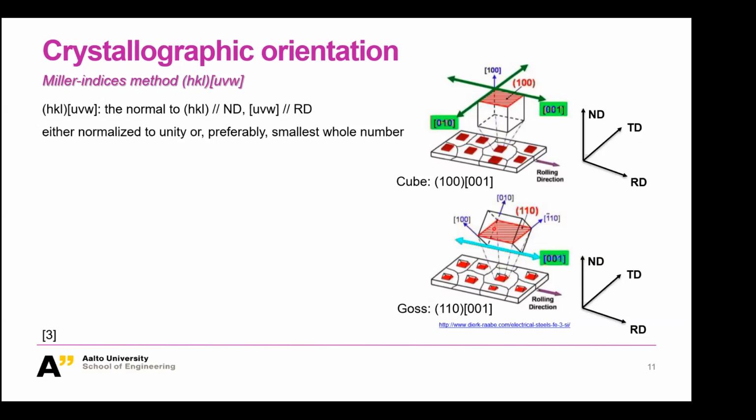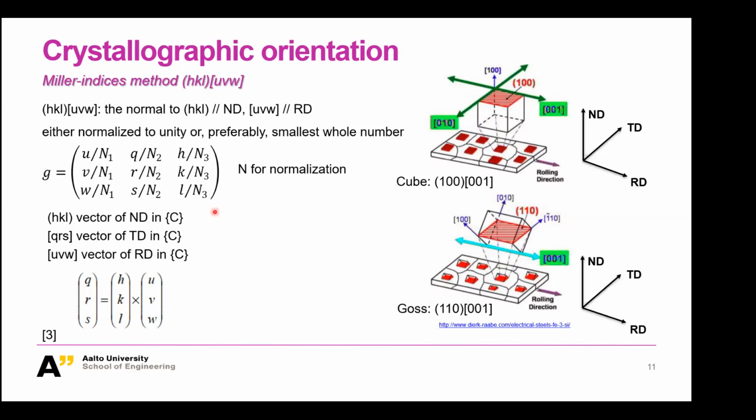The normal direction of 1, 1, 0 is perpendicular to this surface, so it is parallel with ND. hkl is 1, 1, 0. Then for the rolling direction here, again, 0, 0, 1 is parallel with RD, so uvw is 0, 0, 1. It's much easier to use this definition than the rotation matrix.